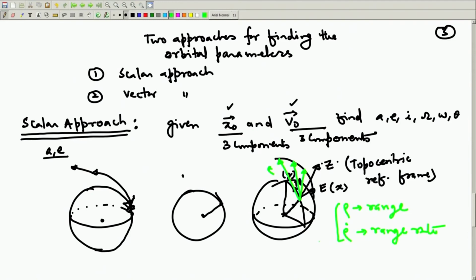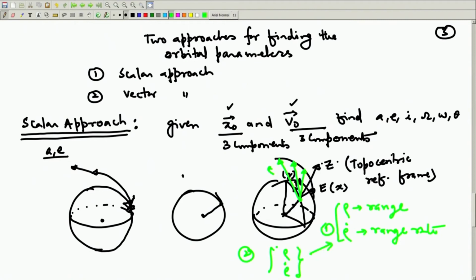Now, angles are also measured, which we are going to take up later on, because we will not be able to cover it so fast; I am just giving you an initial idea. This is from one station, and from a second station also this rho and rho dot will be available to you.